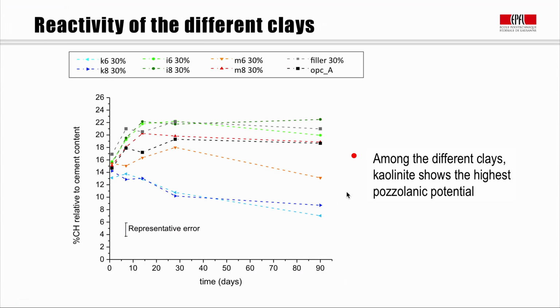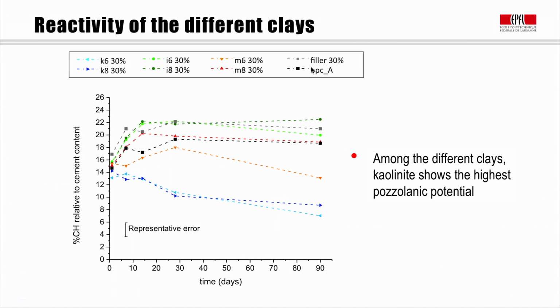Okay, in this slide here, what we see is the pozzolanic reaction of these different clay types in cement. So the pozzolanic reaction basically involves the reaction of the pozzolan, the calcined clay in this case, with calcium hydroxide that comes from the cement. And in this code, K stands for kaolinitic, I stands for illitic, M are the montmorillonite clays.